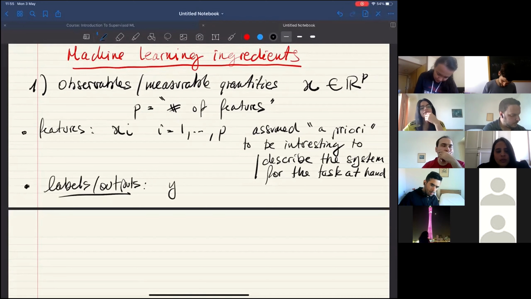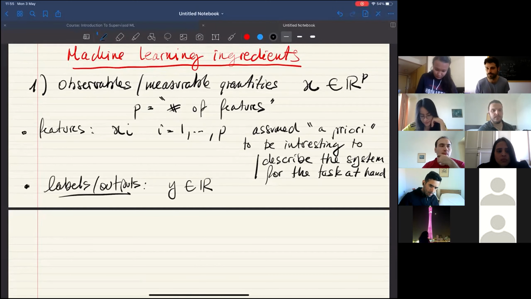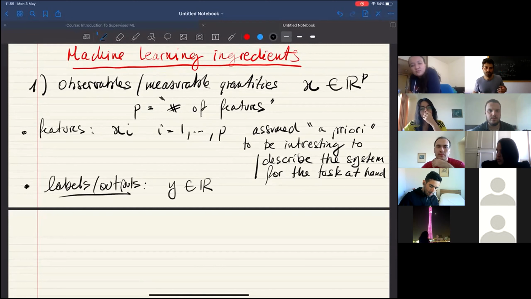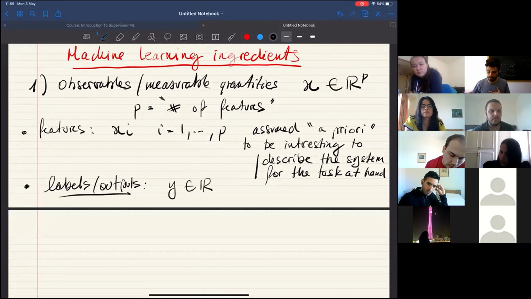It is a real number. Again, if this number is discrete, we talk about classification. If it's a real number, it's regression. The label is essentially the quantity you want later to predict, but in your training data set, you have access to these labels. This is why we call that supervised machine learning.